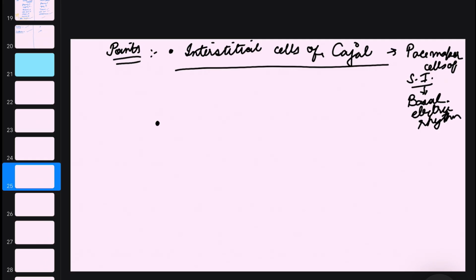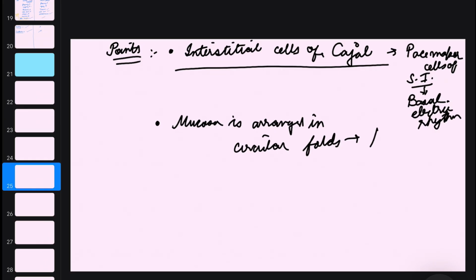And another important point to remember is that the small intestine mucosa we were talking about is arranged in circular folds, which is called plica circularis.